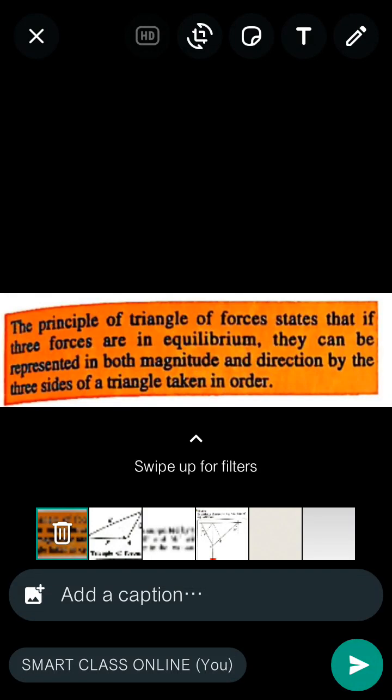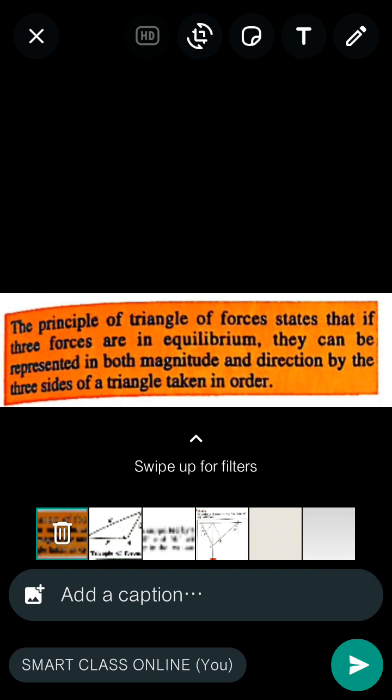The principle of triangle of forces states that if three forces are in equilibrium, they can be represented in both magnitude and direction by the three sides of a triangle taken in order.